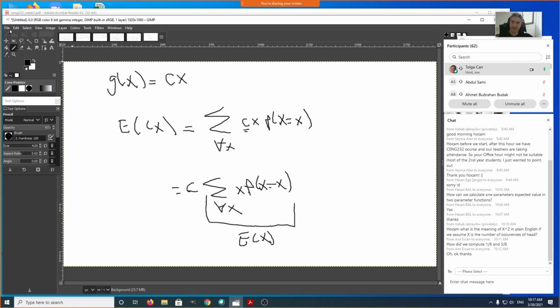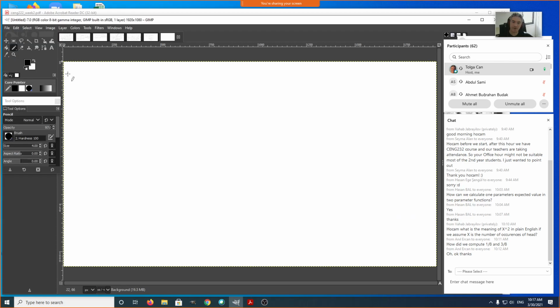The expected value was one parameter of our random variable. The other is, we usually wonder, how variable is this random variable? For example, think about the grades the students have from one class.